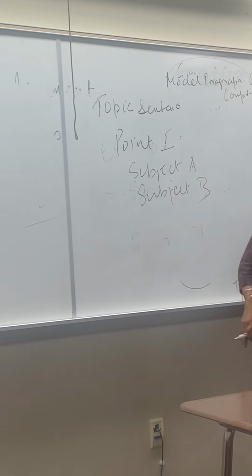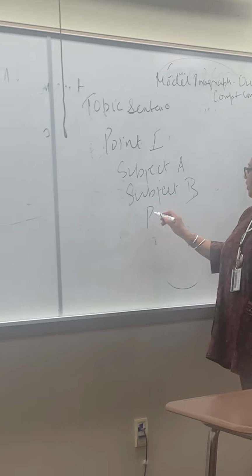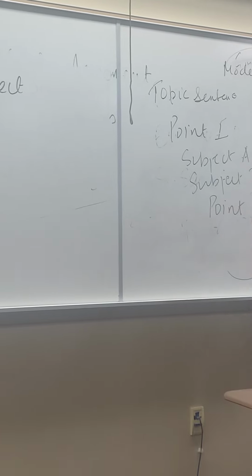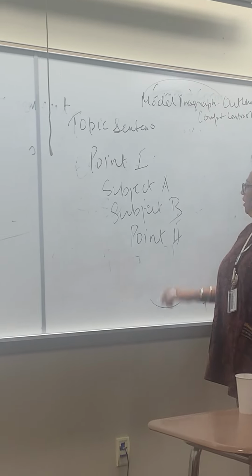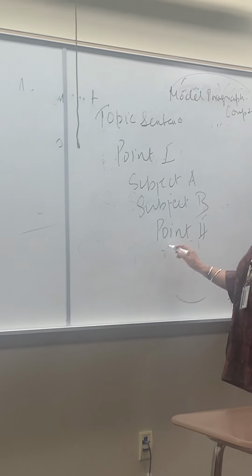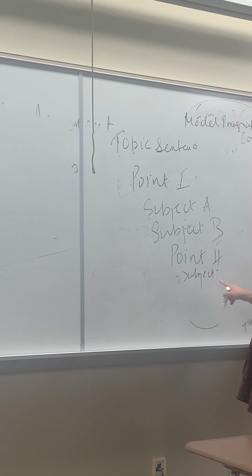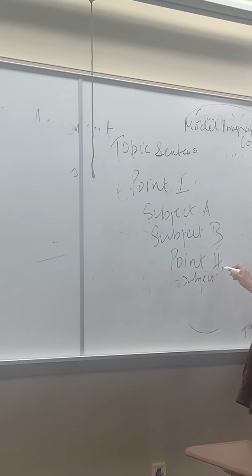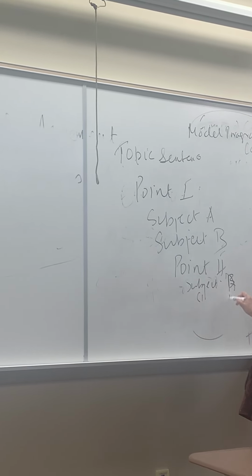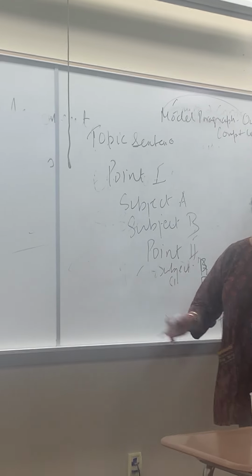Subject B about that particular point, right? Then point 2. Same thing. What does subject A write? What is its description? What is subject B? Comparison or contrast, doesn't matter. Subject A, subject B. Point 3, same thing, summary sentence, you're done.